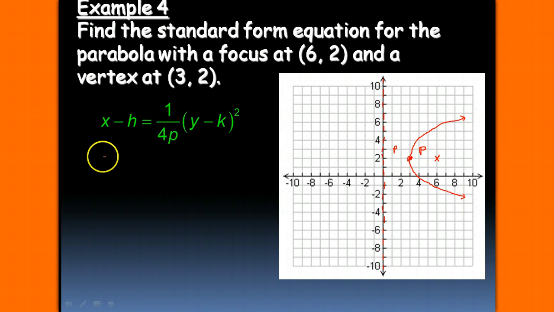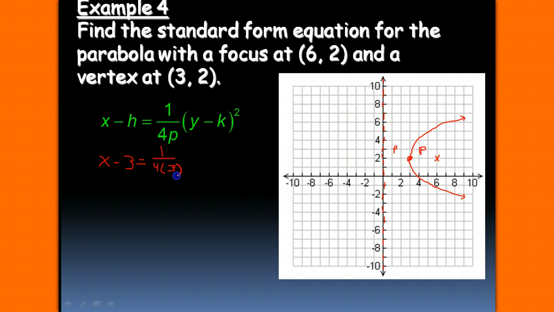Okay, so we're going to have x minus h, so h is the x value at our vertex, which is going to be 3 right here. So it's going to be x minus 3 equals 1 over 4 times p, which our p in this case is 3. It's 1, 2, 3, from the directrix, 1, 2, 3, it's in the positive direction.